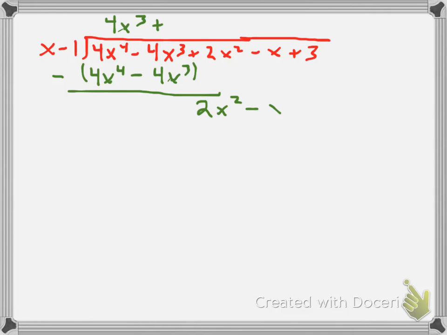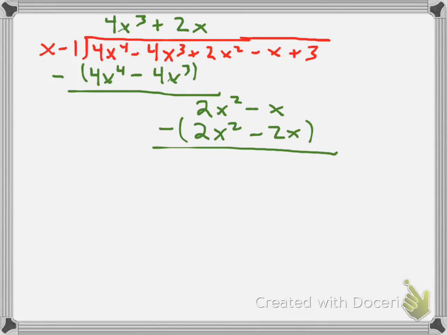That makes sense, because if I were to try to eliminate that 2x squared, I'm going to have to multiply by 2x, so that's going to give me 2x squared minus 2x. Had I not brought that minus x down, what am I going to do with this minus x, the minus 2x right there? Nobody knows. So that's why I have to bring down both.